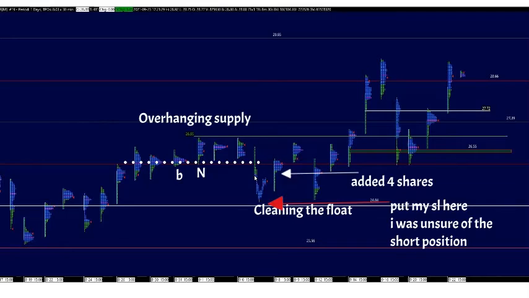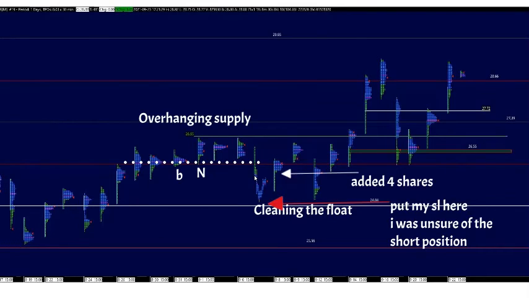They don't have all the inventory. So just like I thought, they were waiting for the opportunity to clean the float, which means after you take a stock up so high, buyers stop coming in. But in this case, they tried to accumulate above my level there, but it couldn't break any higher and reach my next level.